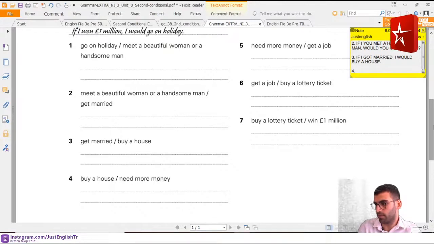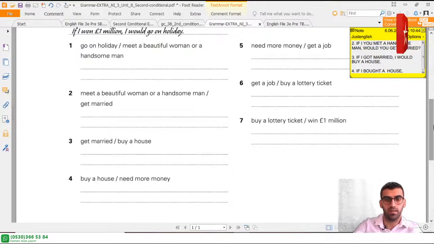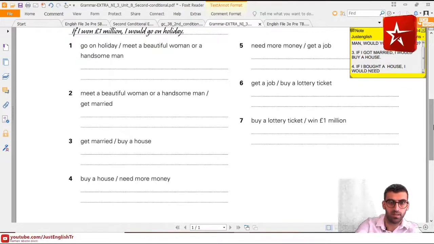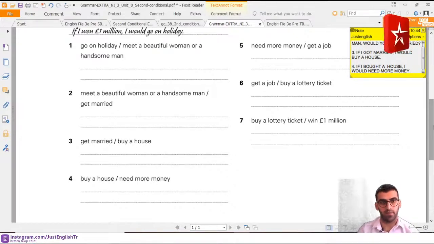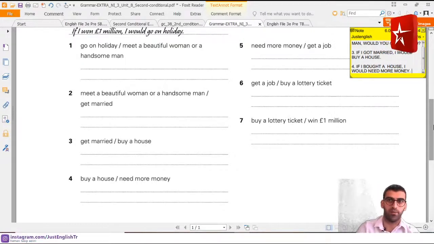If I bought a house, I would need more money. Yes, I would need more money if I bought a house.